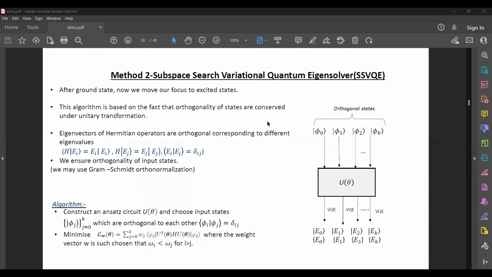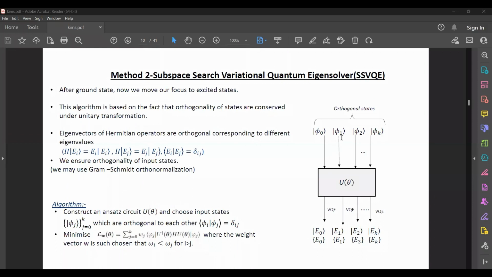Another important concept is, suppose we have a set of orthonormal eigenstates, and we perform some unitary operations on all of the states in that space, we get output states which are orthonormal to each other. What I mean is, unitary transformation always preserves the orthonormality of states.